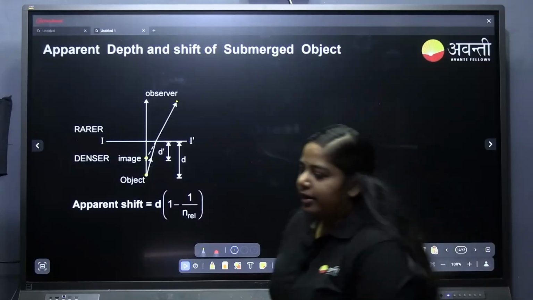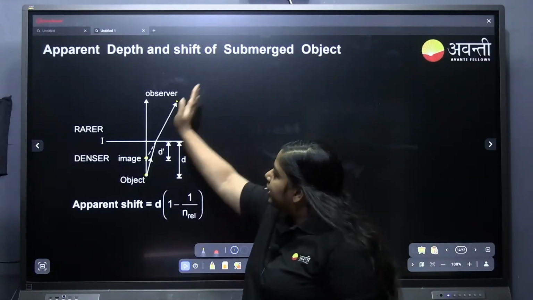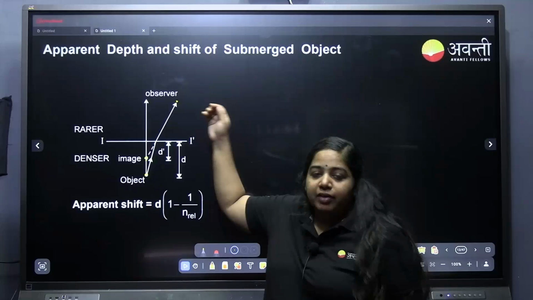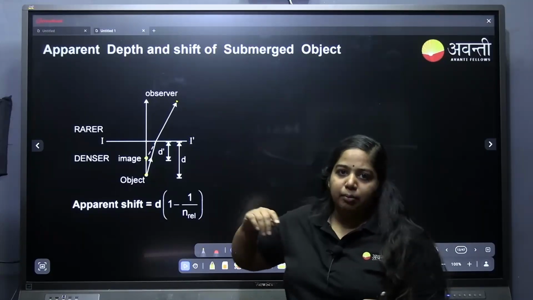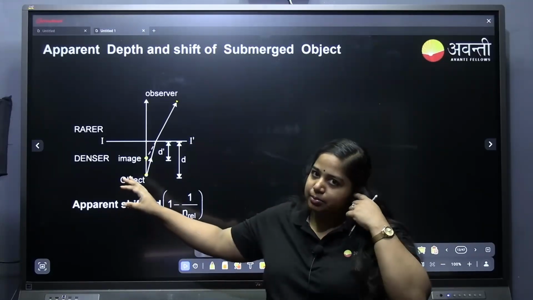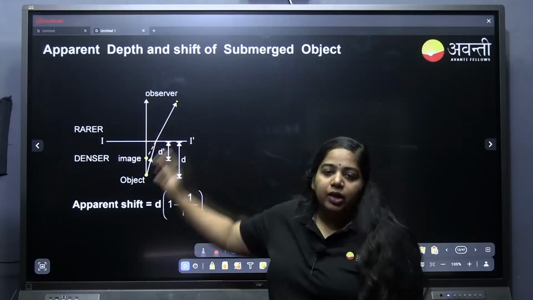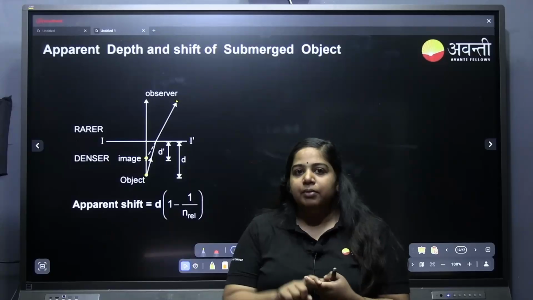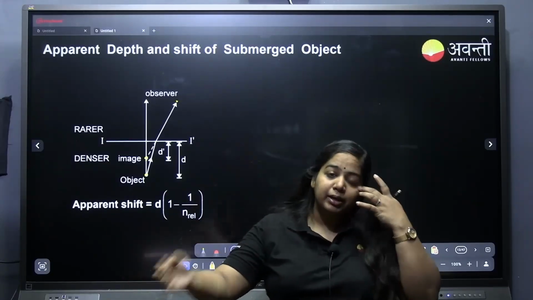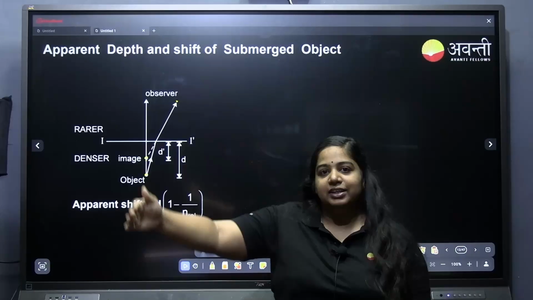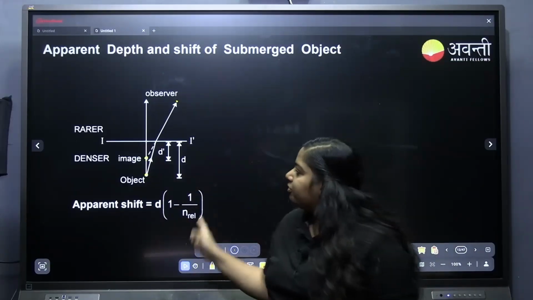So what I was saying is that there are two cases. When we are observing from a rarer medium and the object is inside a denser medium, its actual depth will appear shifted up. Now if you are looking from a denser medium and the object is in a rarer medium, its depth will appear increased. So how can we find that?